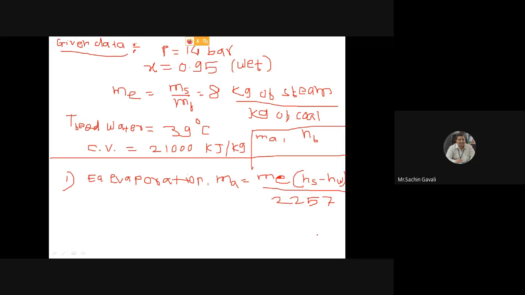Write down this formula: equivalent evaporation ME is equal to MS into (HS minus HW) divided by 2257. Then what is not known to us? HS and HW.